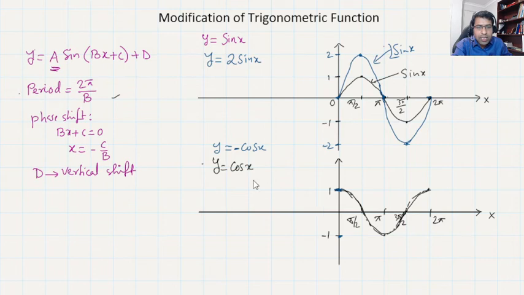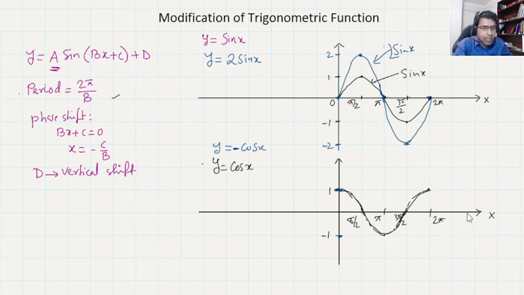But what that negative will do here, it will just make y negative. Wherever y was positive before, now it's negative. Wherever y was negative before, it will be positive. That will happen here. It means the graph is just reflecting along the x-axis.